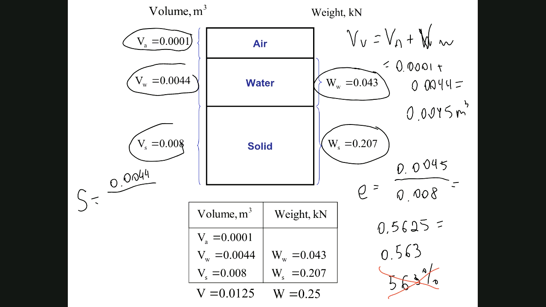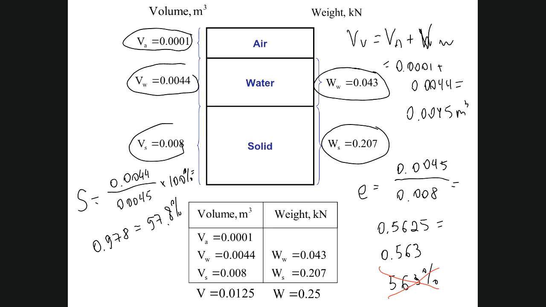And we divide by 0.0045. Is it correct? Degree of saturation we can also change to percentage. And yeah, the ratio is going to be 0.978. Or if we change to percentage, 97.8%.